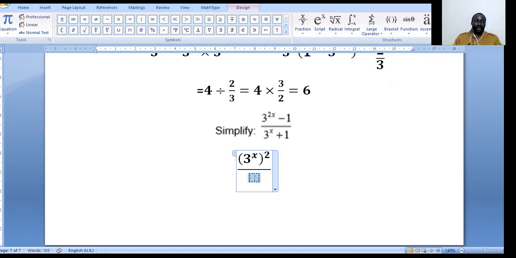Then down here we'll have 3 with the exponent x, right away, that's 1.